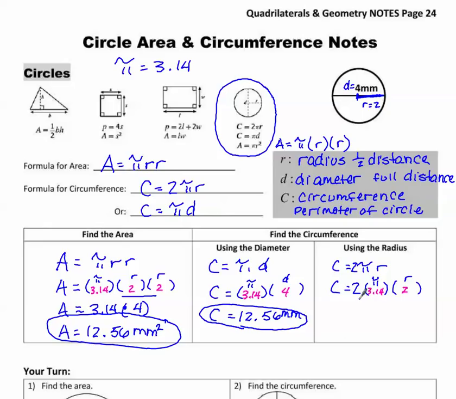And so I'm going to do 2 times 3.14 first, which will equal 6.28 times 2. 6.28 times 2 gives you a circumference of 12.56 millimeters. So they came out to be exactly the same whether I use the radius or the diameter. There's just some problems you'll be given the radius, some problems you'll be given the diameter, and you can work with either one depending on what you're working on.